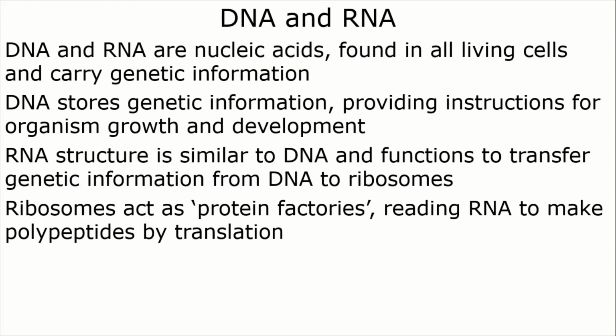And translation we will have a look at in topic 4. But as we know, polypeptides are the primary sequence needed to make proteins. These polypeptides will then go on and they will fold and they will make the protein that is encoded for by this RNA sequence.